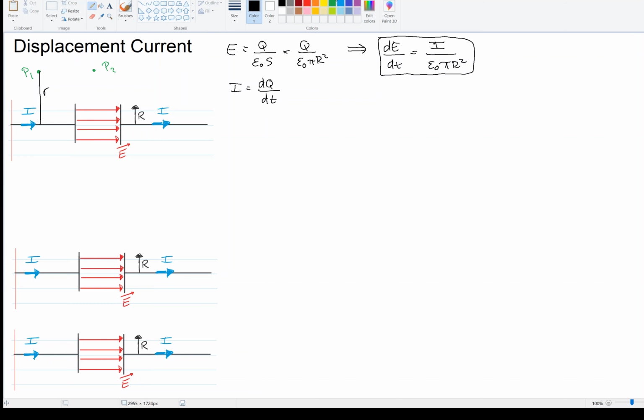All right. Well, we can use Ampere's law, or so it seems, to calculate that magnetic field. So with Ampere's law, recall that we have to choose an Amperian path. And so we will choose a circle. Because we know that the magnetic field is swirling around, we're going to choose a circle that passes through point P1, like that.